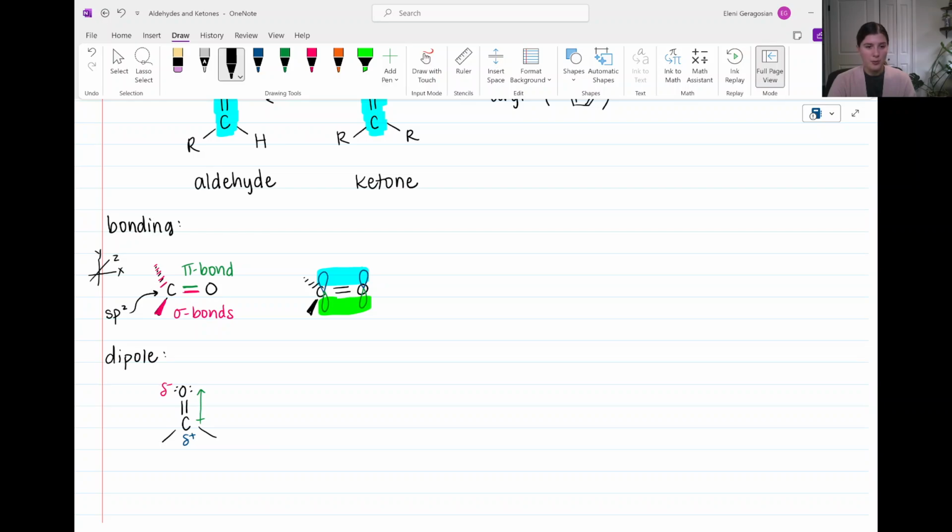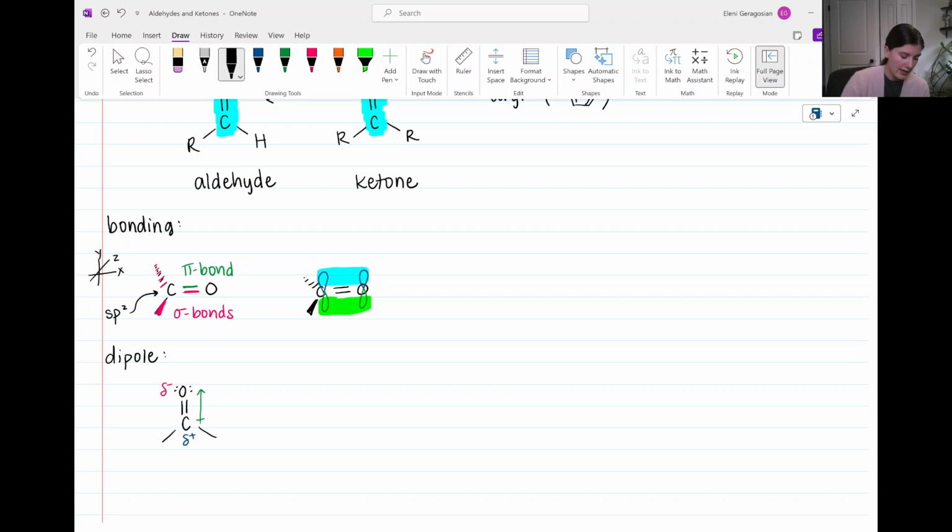Now we have a dipole here, which means solutions of only aldehydes or only ketones would have dipole-dipole interactions. But if you have another molecule in solution that is a hydrogen bonding donor, meaning it has a hydrogen bonded to another electronegative atom, then this oxygen in aldehydes and ketones can be a hydrogen bonding acceptor.